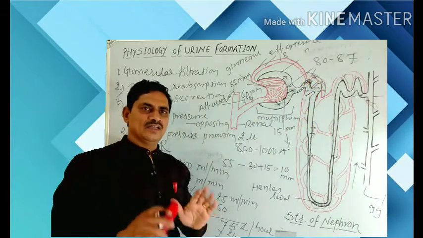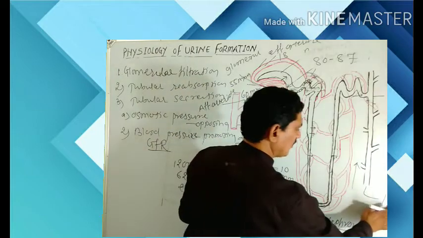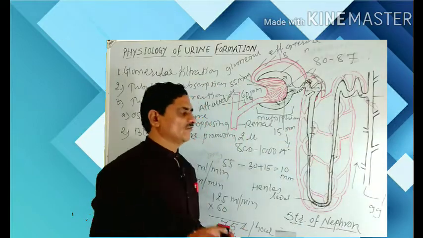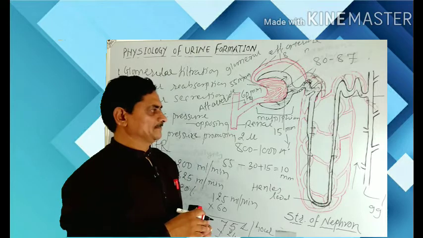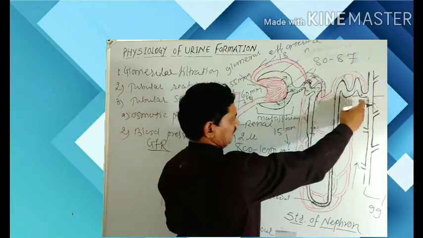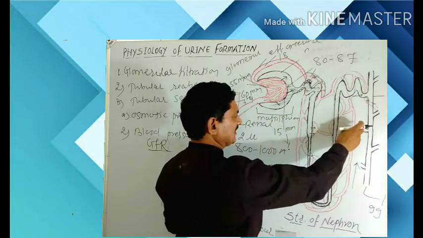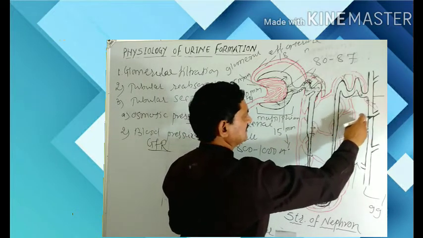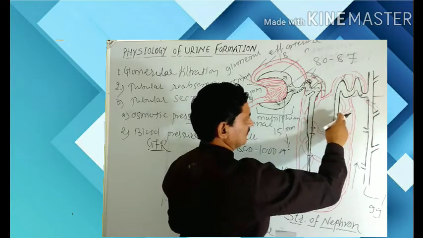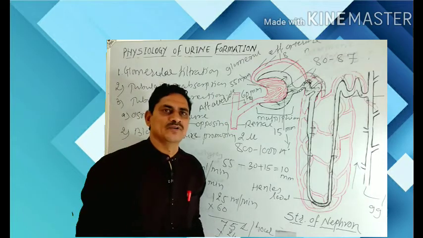Therefore, actual urine given outside is only 1.5 to 1.8 liters per day. By the active secretion, the waste materials are directly secreted into the lumen or into the collecting tubules, which forms a part of urine.